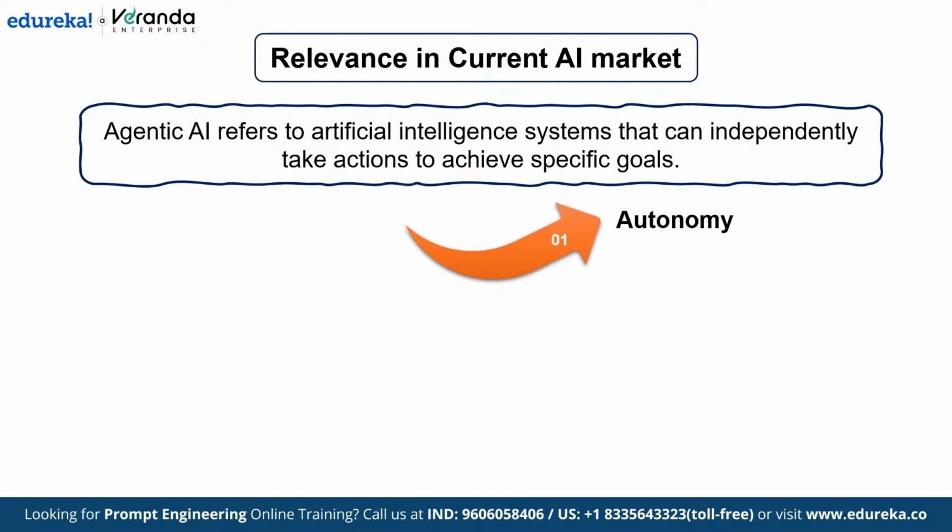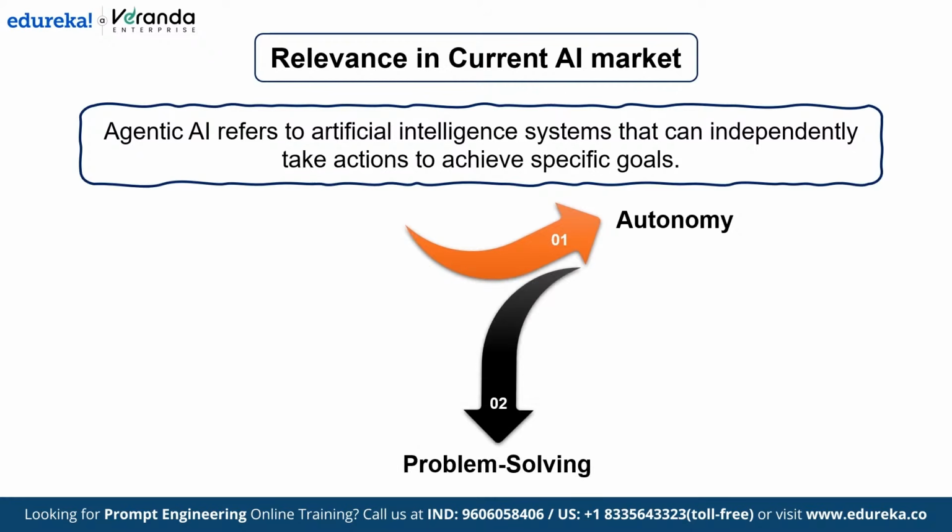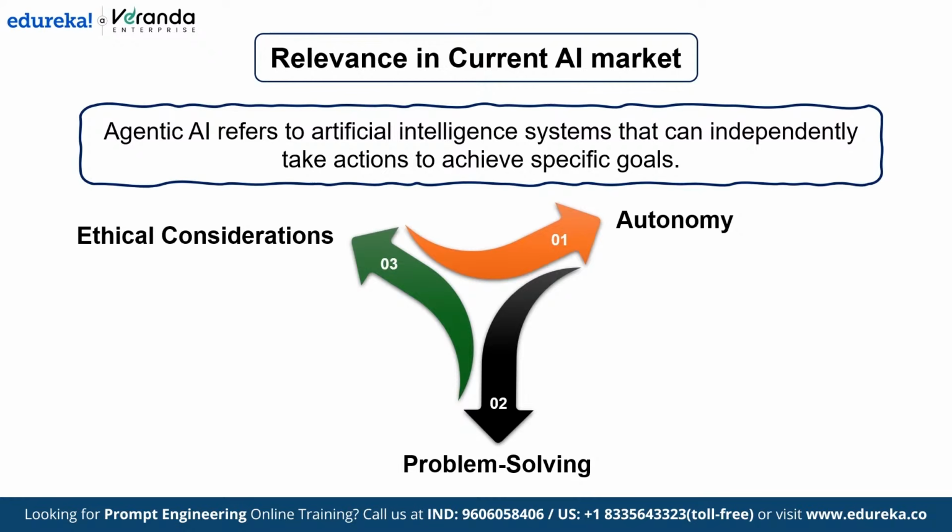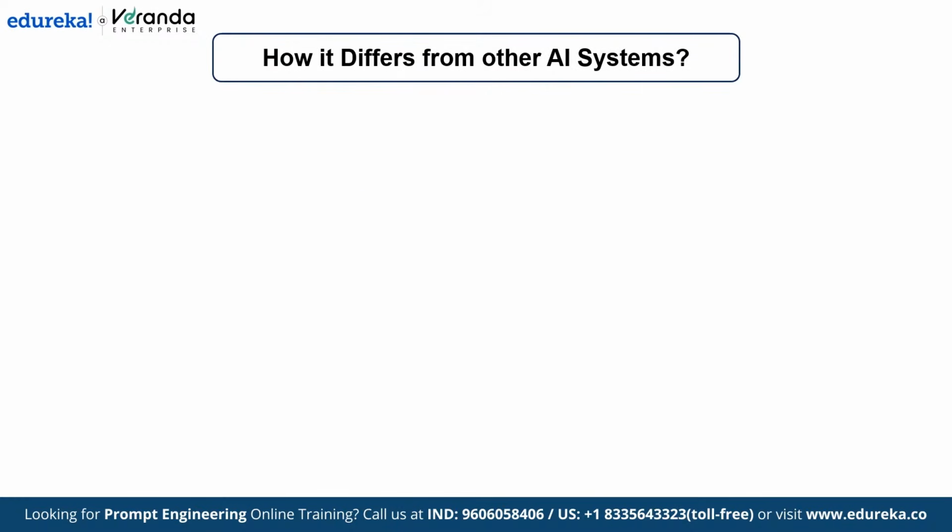This capability is complemented by its advanced problem-solving skills, enabling it to evaluate complex situations, strategize, and respond effectively to challenges. However, the growing adoption of Agentic AI also raises important ethical considerations, such as ensuring responsible behavior, minimizing unintended consequences, and maintaining transparency in its decision-making processes. Now that you know about Agentic AI, let us discuss how it differs from other AI systems.